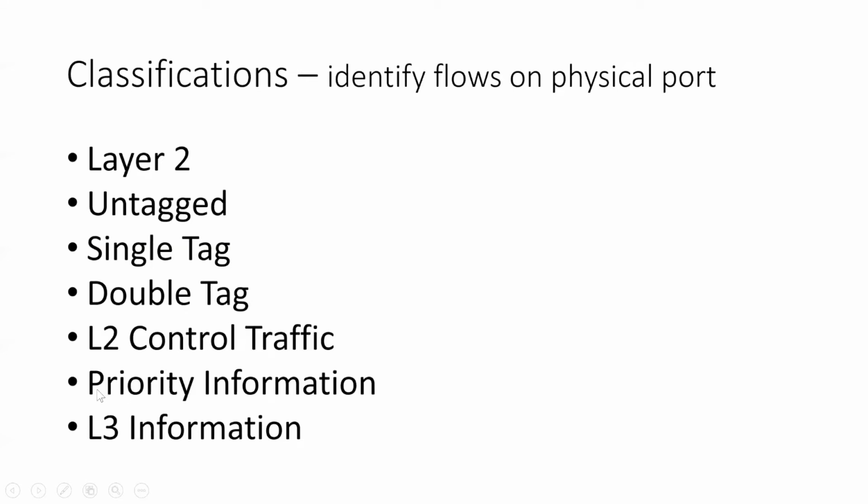We might try to determine if the layer 2 control traffic is part of a flow. We can look at the priority information in the packets themselves and use that as part of the determination. Or we may look at layer 3 information. What's the destination IP address? Or we might look at an MPLS tag and figure it out that way.